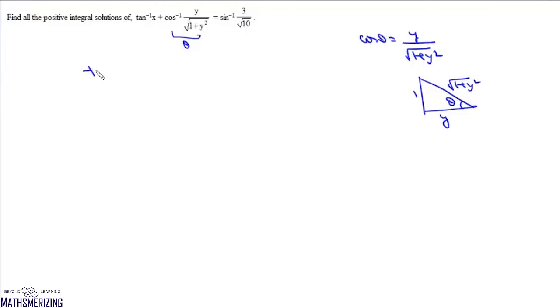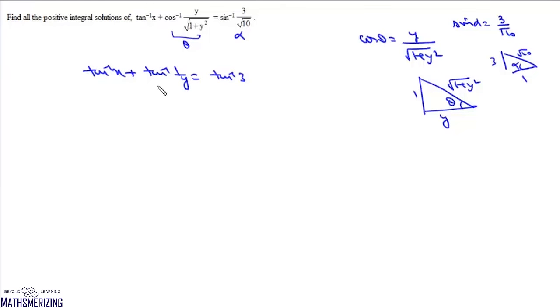So we'll get this as tan inverse x, and we can write theta as tan inverse of 1 by y. And it'll be equal to, now say this is alpha, so sin alpha is 3 by under root 10. So this is alpha, this is 3, this is under root 10, and this is 1, and it'll be equal to tan inverse of 3.